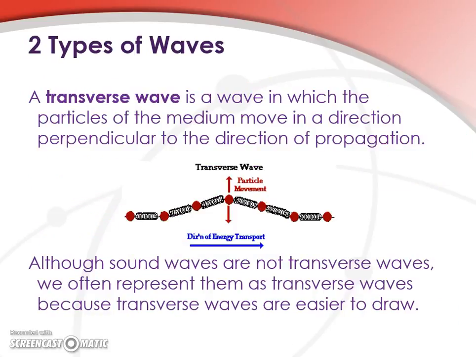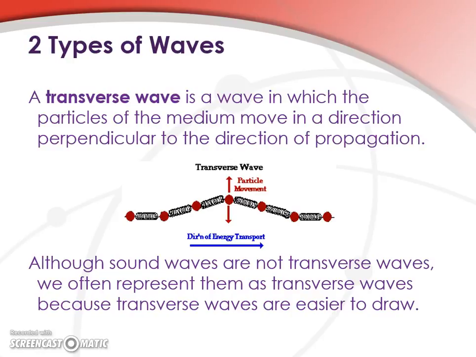And no great shock, a transverse wave is a wave in which the particles of the medium move in a direction perpendicular to the direction of propagation. It's funny because these are the ones we most often think about when we think about waves, and sound waves aren't transverse waves.